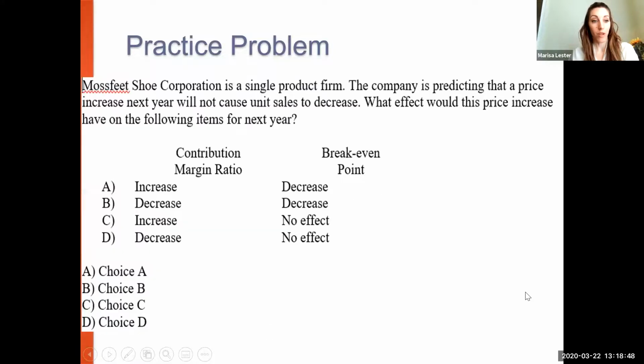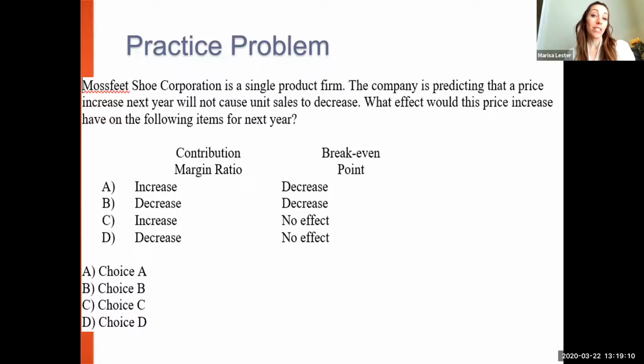All right, let's do some other practice questions here. Moss Feet Shoe Corporation is a single product firm. Company is predicting that a price increase, so a sales price increase next year, will not cause unit sales to decrease. So the number of units that you're selling will stay the same, but you're increasing your sales price.